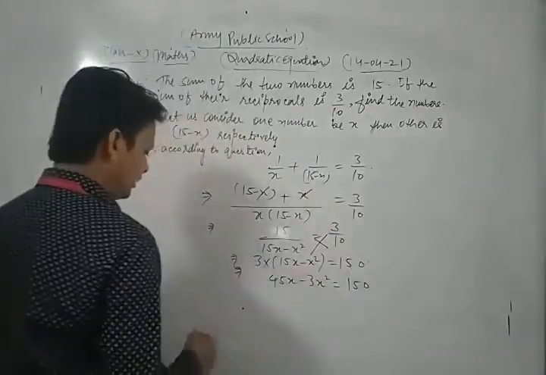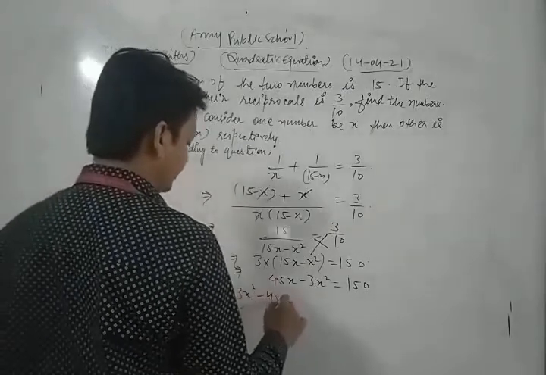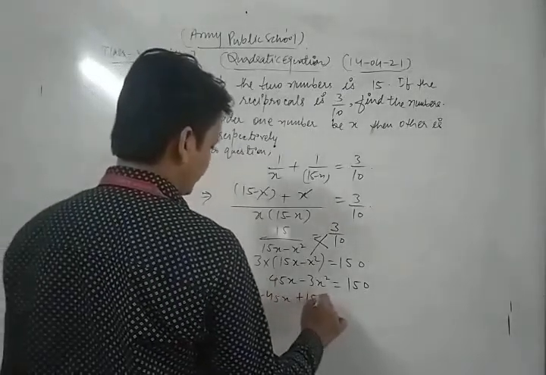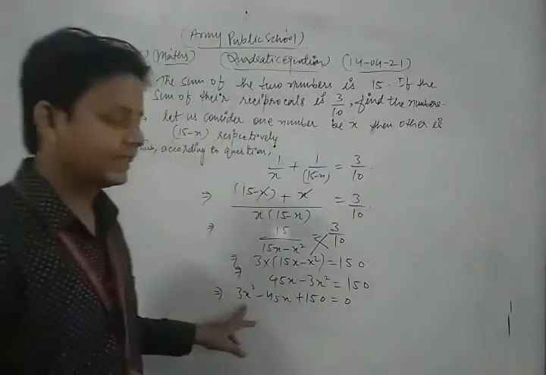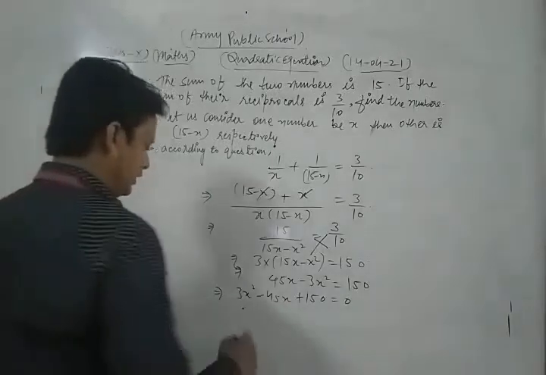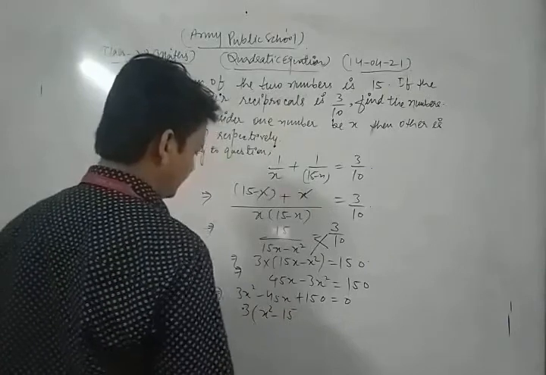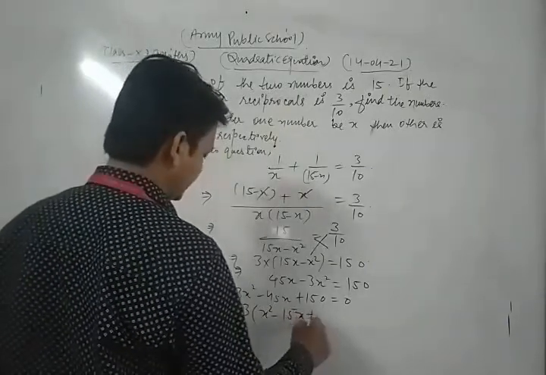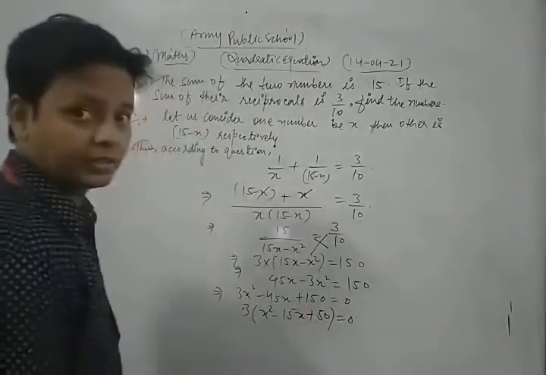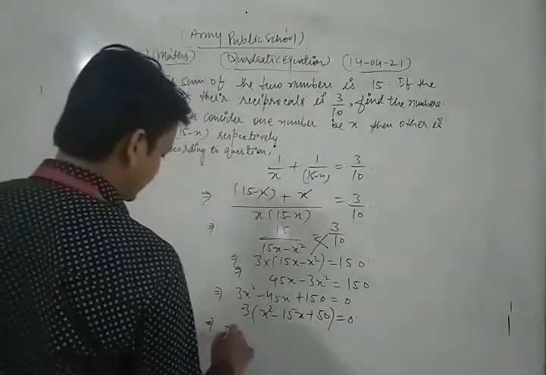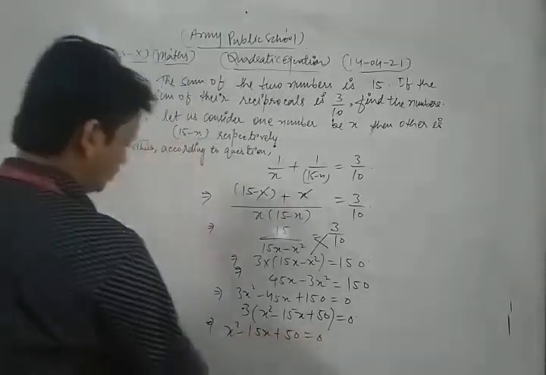Now we transfer to that side, so we get 3x square minus 45x plus 150 is equal to 0. Now we take 3 as common, so we get x square minus 15x plus 50 is equal to 0.